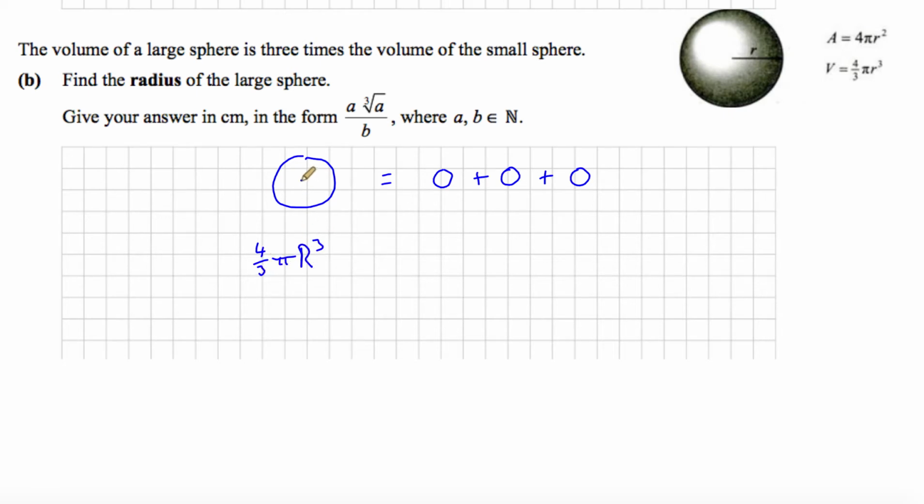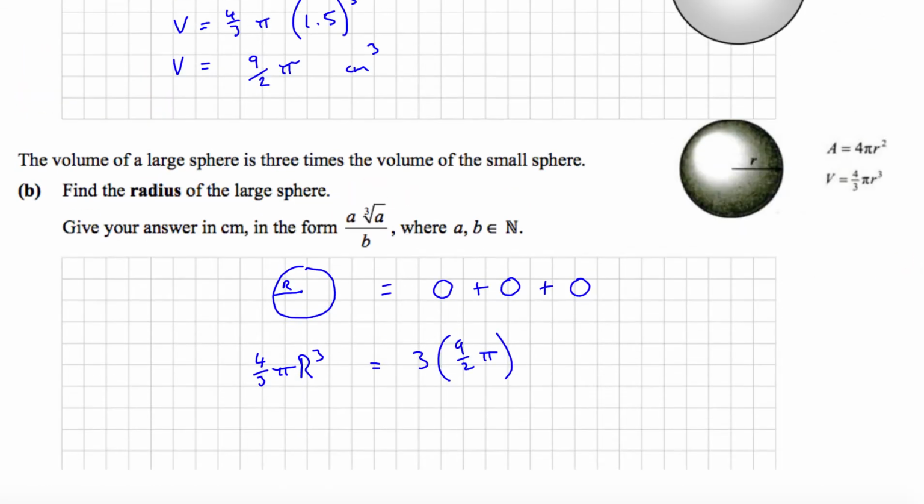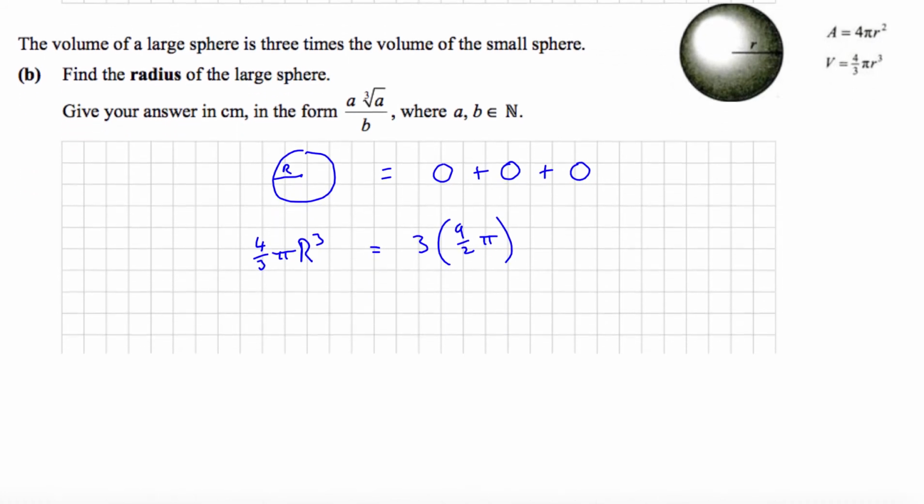We'll say r is the radius of the big sphere, and that's going to be equal to 3 of the small spheres. So in other words, 3 by the 9/2 pi, which we worked out in part A.